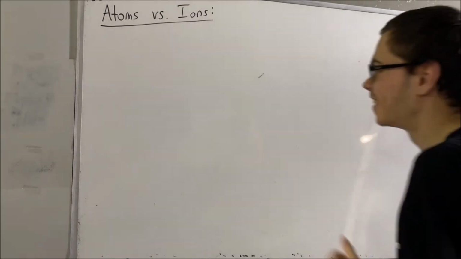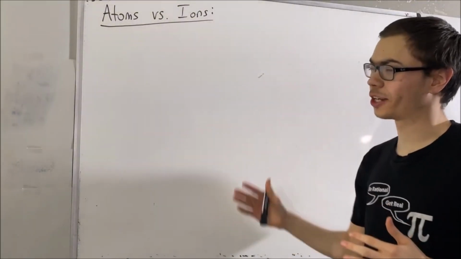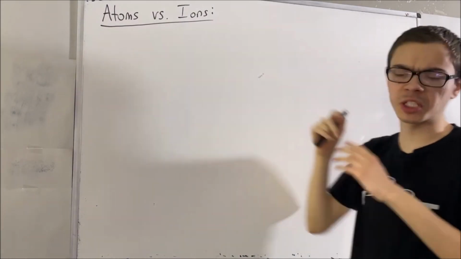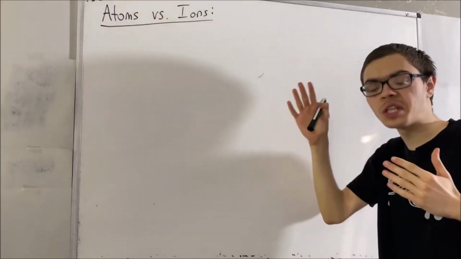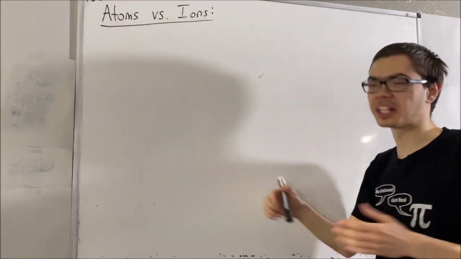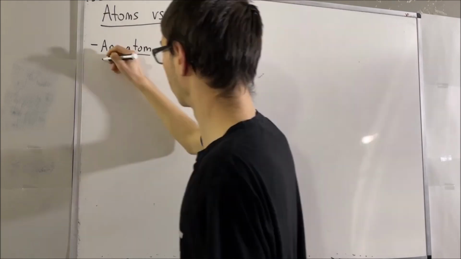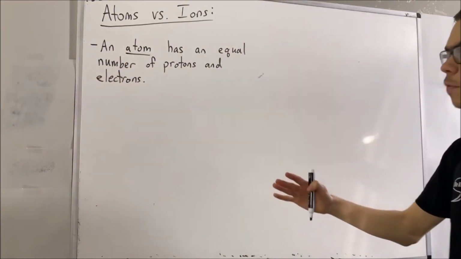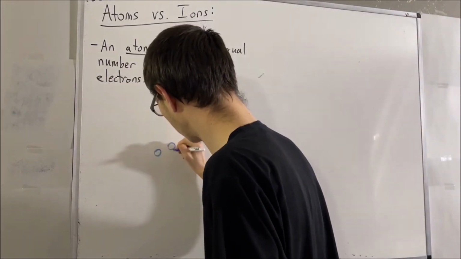Hello! In this video, we're going to talk about atoms versus ions. Now to start, an atom has an equal number of protons and electrons. Visually speaking, an example of an atom looks something like this.